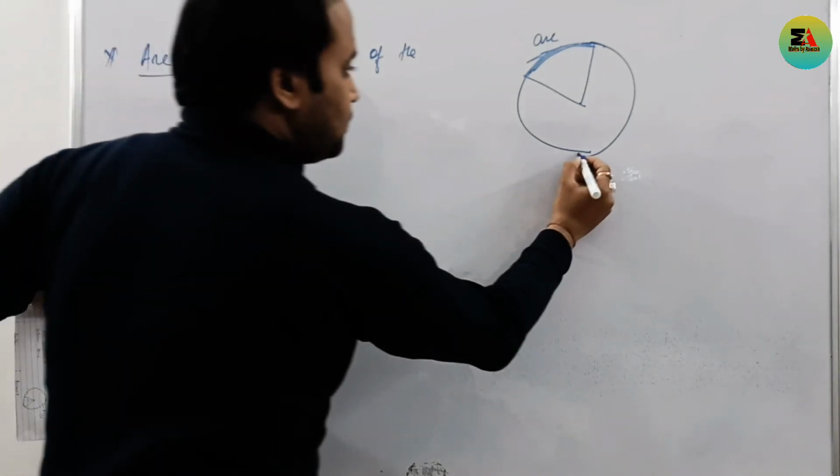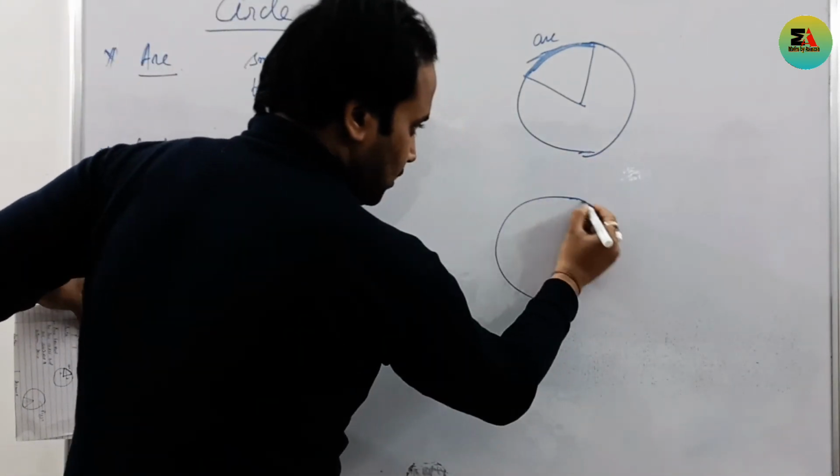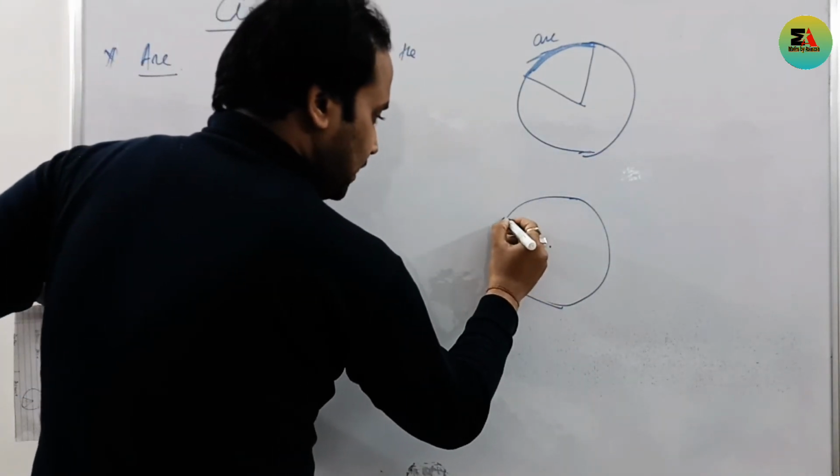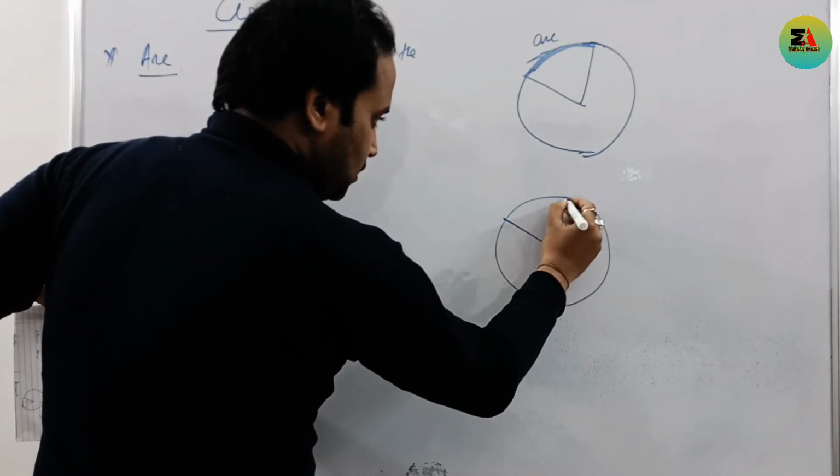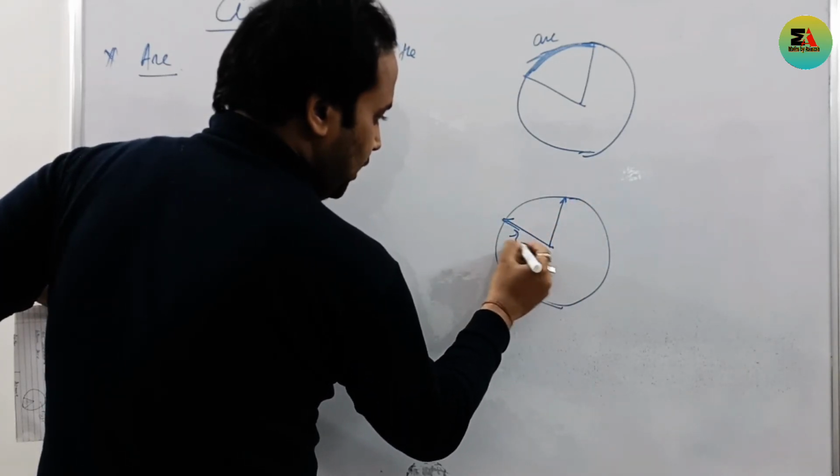What is a sector? Suppose this is a circle. A sector is a portion which is bounded by two radii.